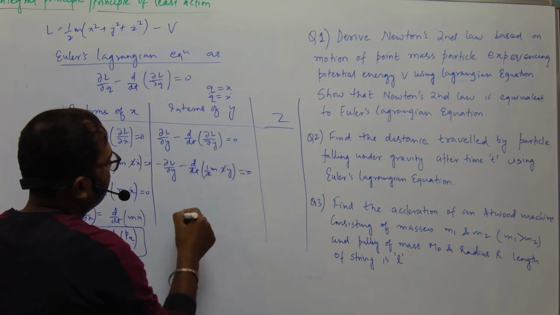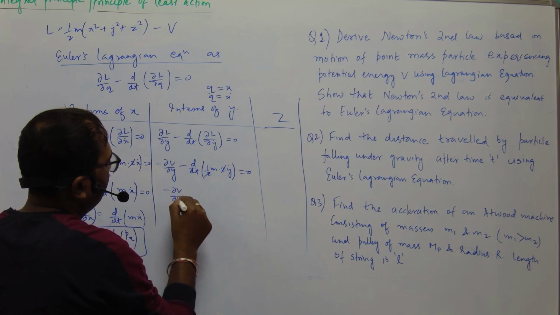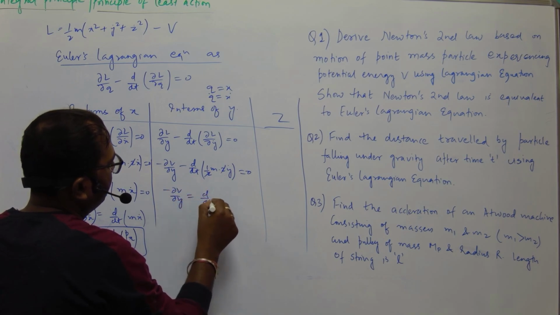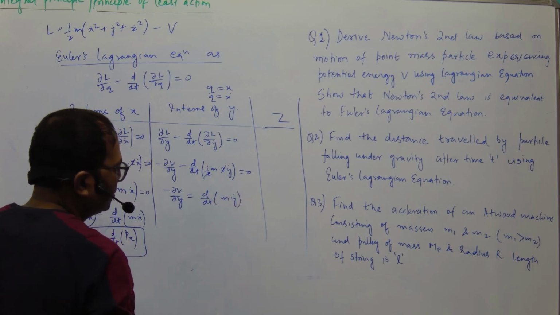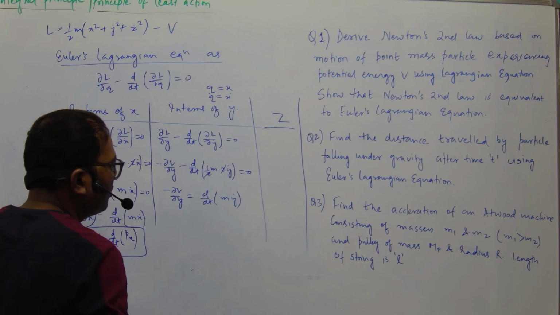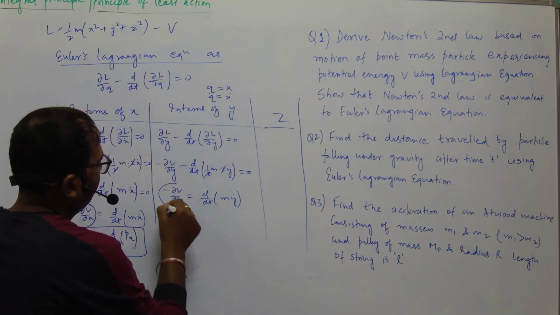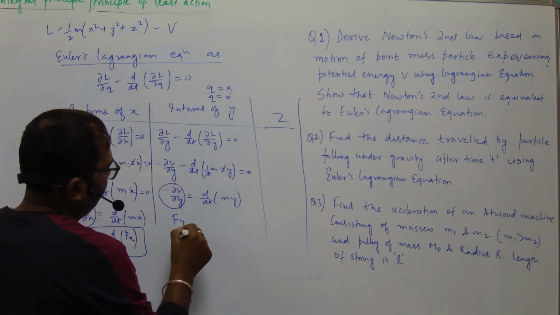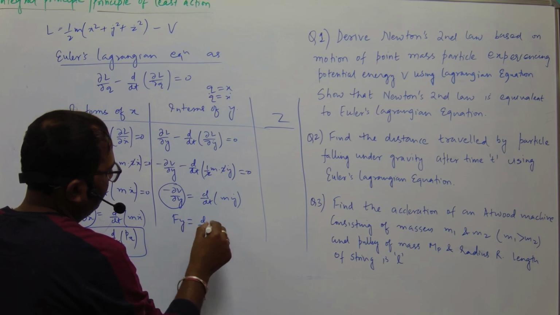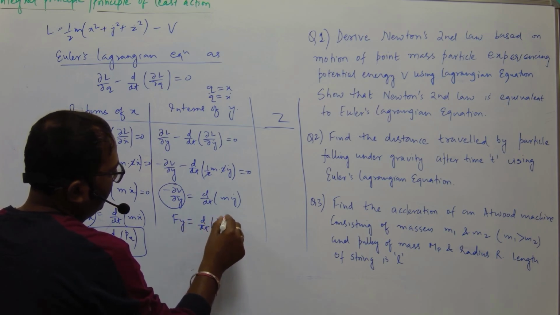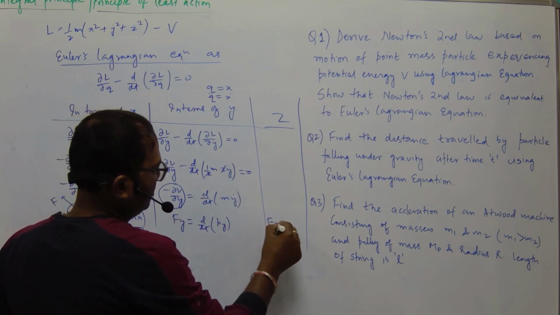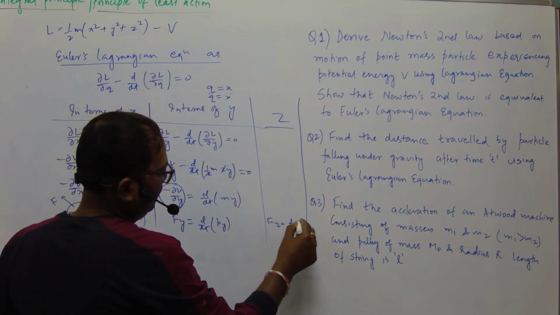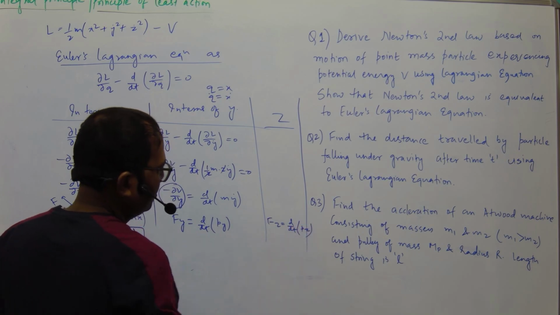So this gets cancelled. Minus del v upon del y equal to d upon dt of m into y dot. Okay, so mass into velocity. So m y dot is the momentum along y direction, and this is force along y direction. So Fy is equal to d upon dt of momentum along y direction. Similarly, in case of z, Fz is equal to d upon dt of momentum along z direction.